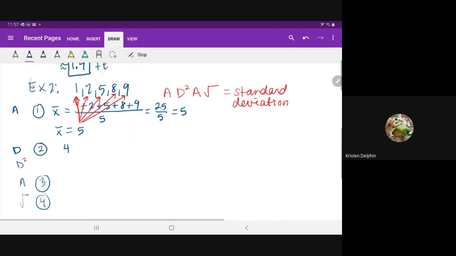Okay, and then how far is 5 from 2? That's 3, right? How far is 5 from 5? That's 0. How far is 5 from 8? That's 3. How far is 5 from 9? That's 4. And these don't have to match.